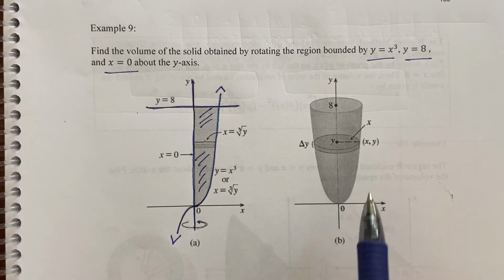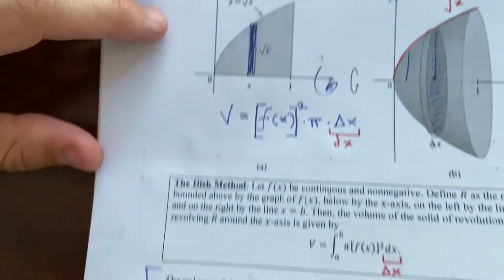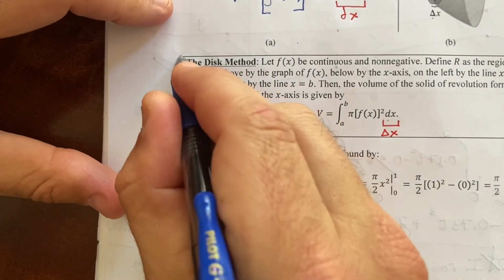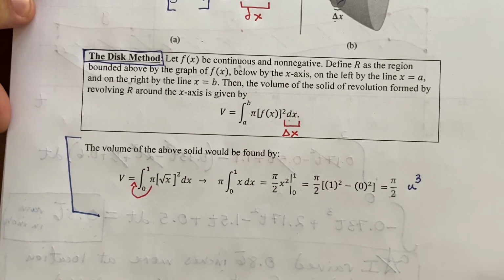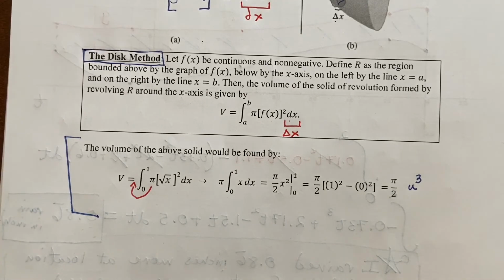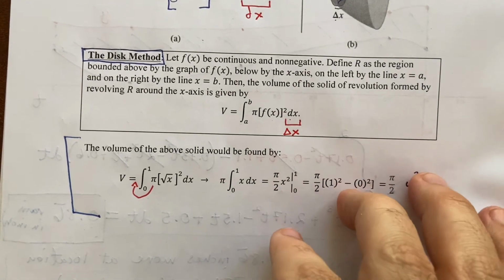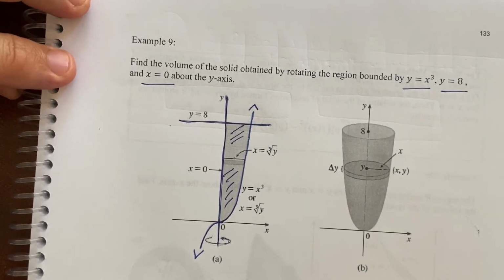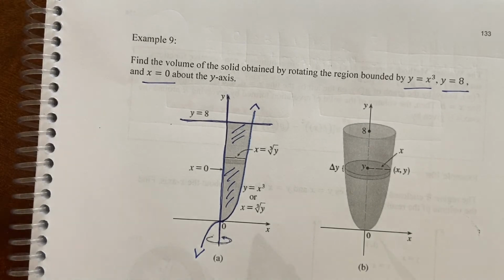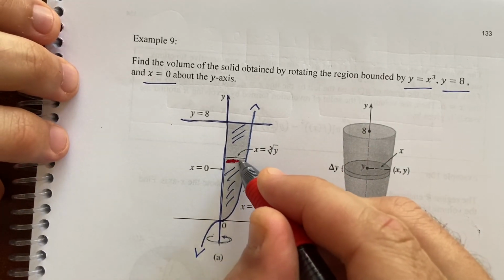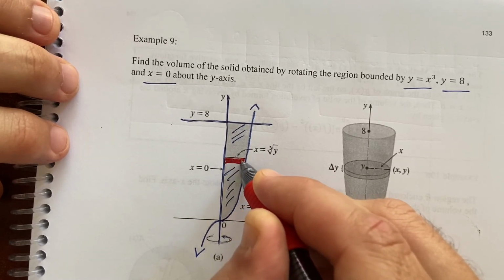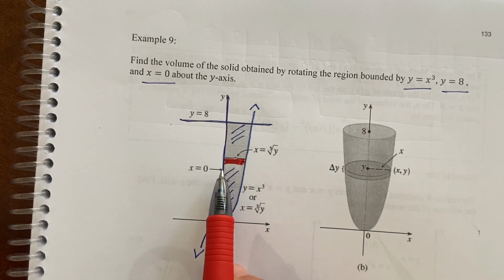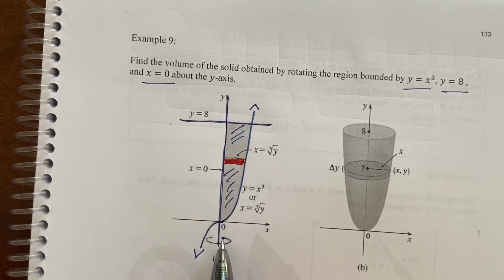Just to remind us, this is using what's called the disk method. I don't know that I used that language before, but right now we're learning about the disk method for finding volumes. In a second, we'll be learning about the washer method. To explain why this is a disk and not a washer, this little imaginary segment is literally attached to the axis of rotation.